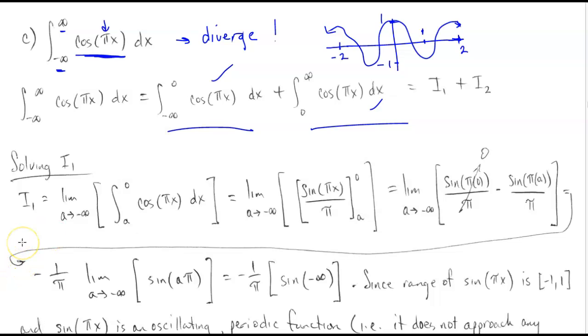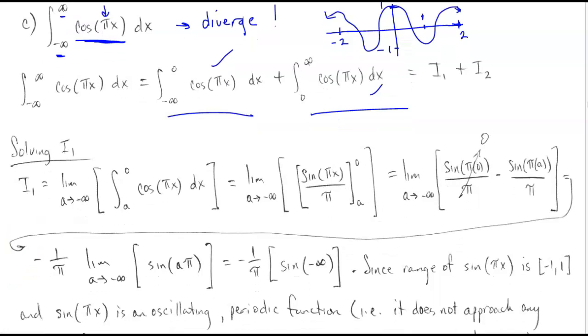Okay? And so, of course, if I try to find the value of this improper integral for the first one, which I've called I1, you see I've taken the antiderivative of cosine of pi x, which is sine of pi x divided by pi, evaluated from a to 0.